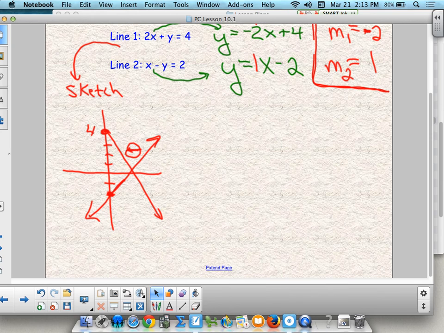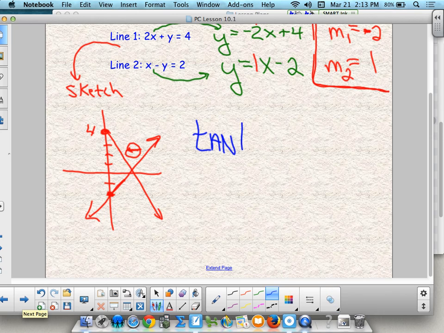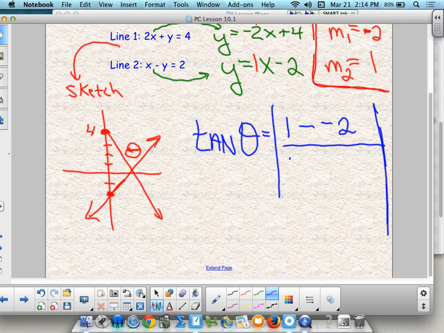Okay, here we go. The angle that you're finding will be tangent of theta equals the absolute value. I'll tell you why the absolute values are there in just a second. And it's going to be, hang on, I'm looking. All right, M2 minus M1 over 1 plus the product of the two slopes.